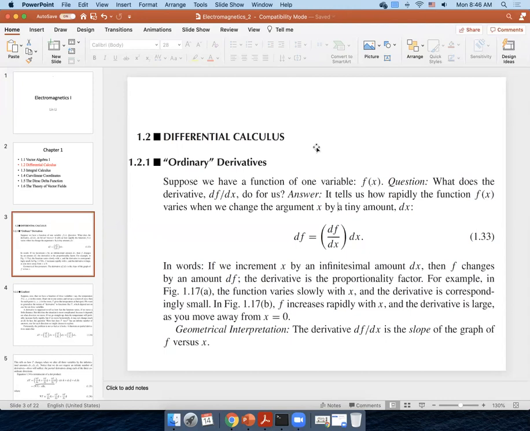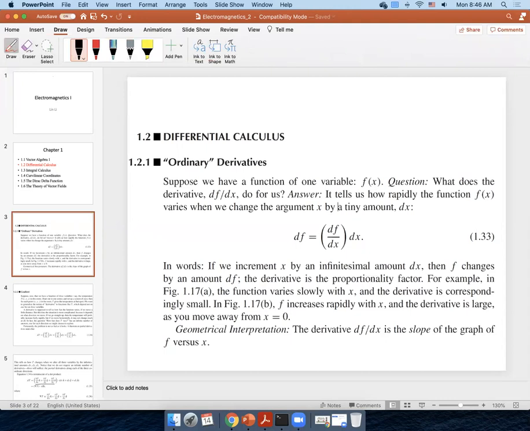One thing we can draw here to make it more clear is f(x), or the function over x. Maybe this is the function like this. Let's say this is the f(x) function. That's the curve of this function.